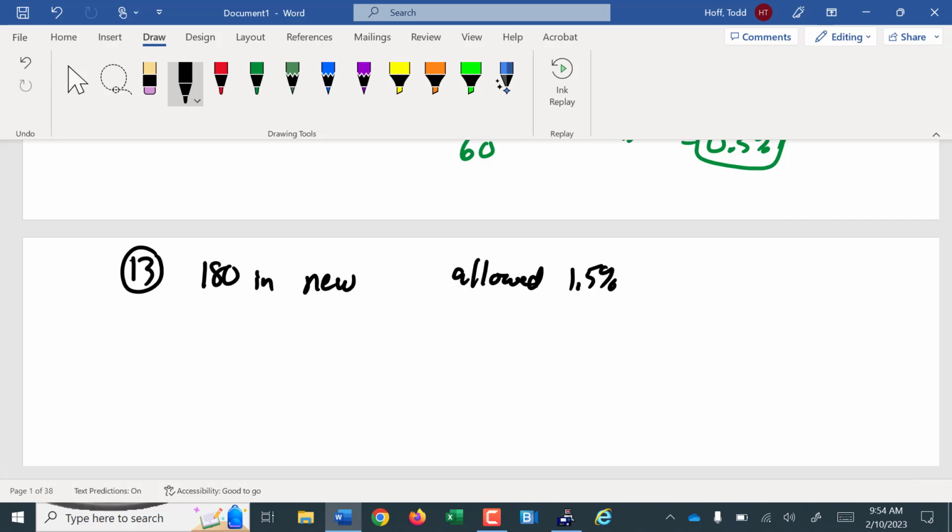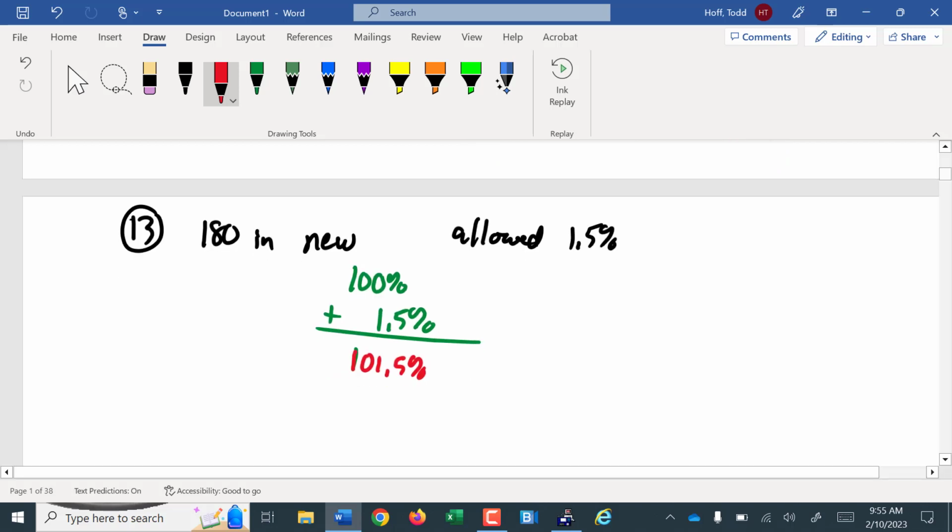So what this means is we're adding 1.5% to the original length. The original length is 100%. We're adding 1.5%, which means the worn length can be 101.5%. Does everybody see where the 101.5 came from? Just 100 adding that percent of allowable elongation.